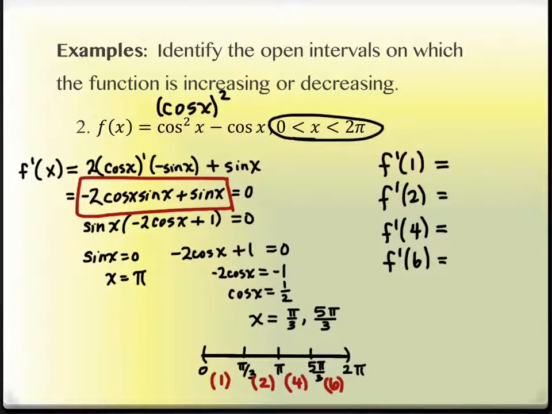What happened at 1? Negative. At 2? Positive. And at 4? Negative. And at 6? Positive. Yep. Lots of positive and negative changes going on. So negative, positive on my number line. And negative means downhill. Positive means uphill. So it looks something like that.